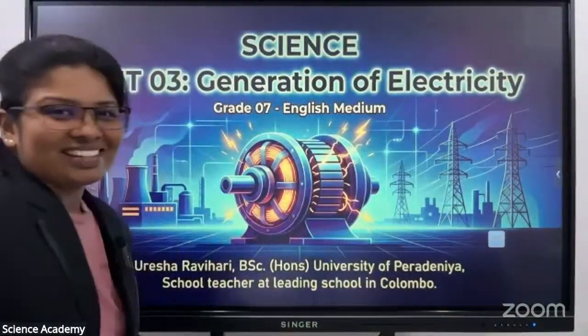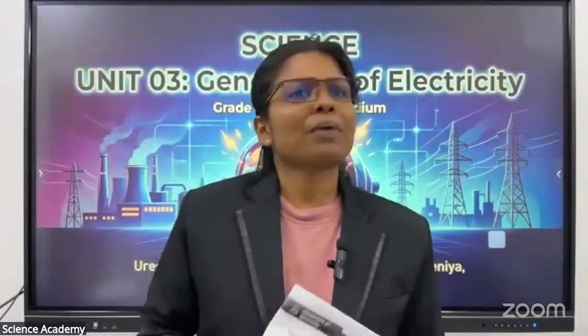Okay, right. So children, previous week we discussed battery. That is the point that we stopped. I told you that a battery is a collection of several cells, and it generates more electricity. So previous week we defined what is called a battery.